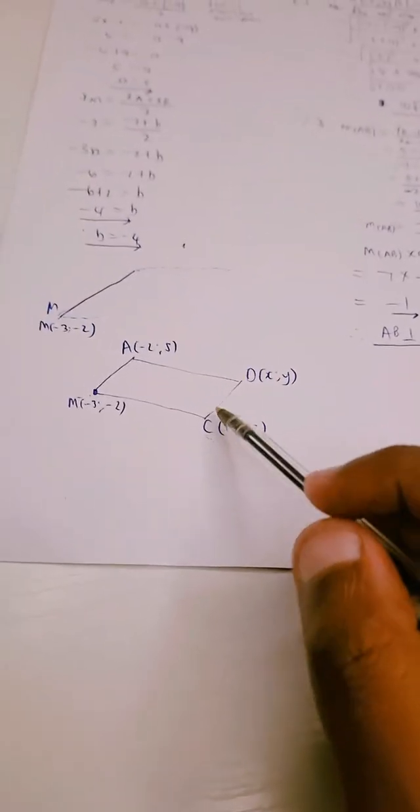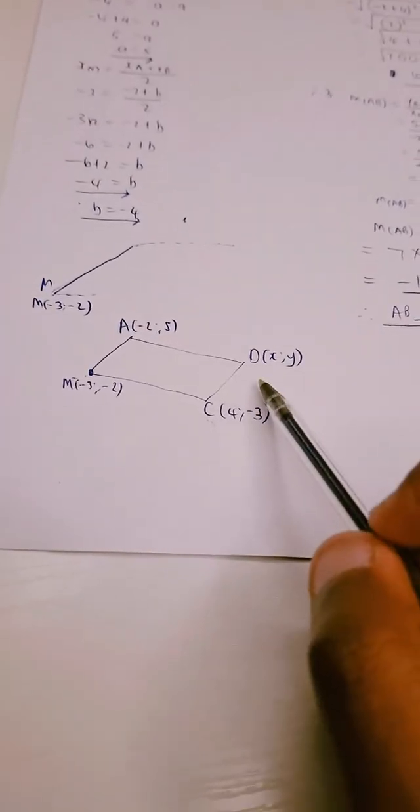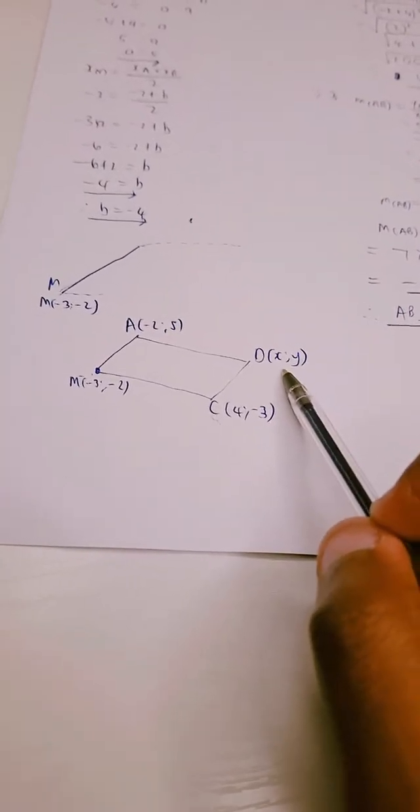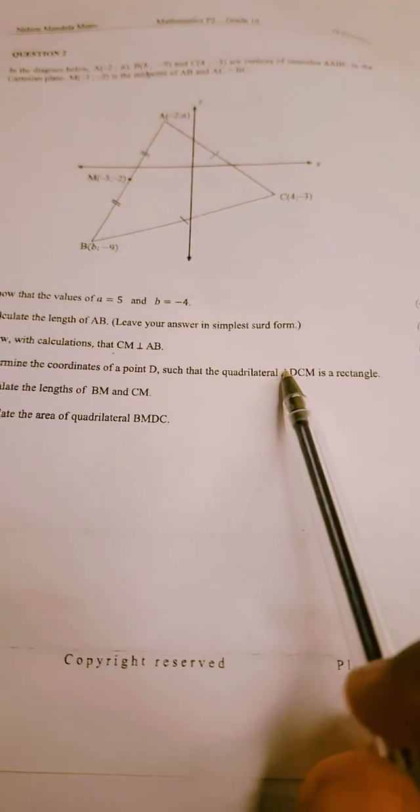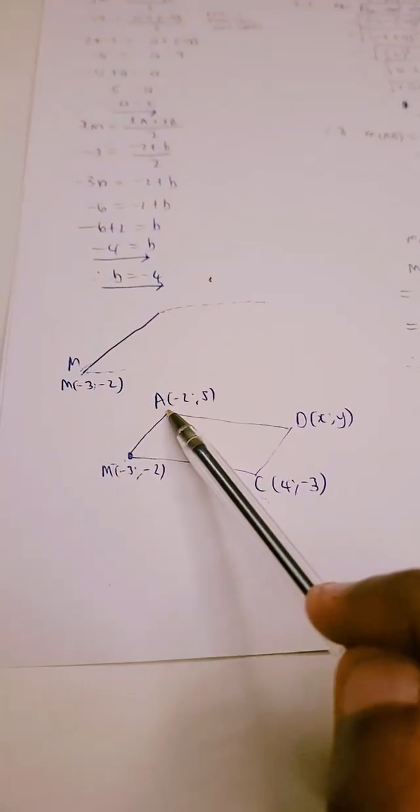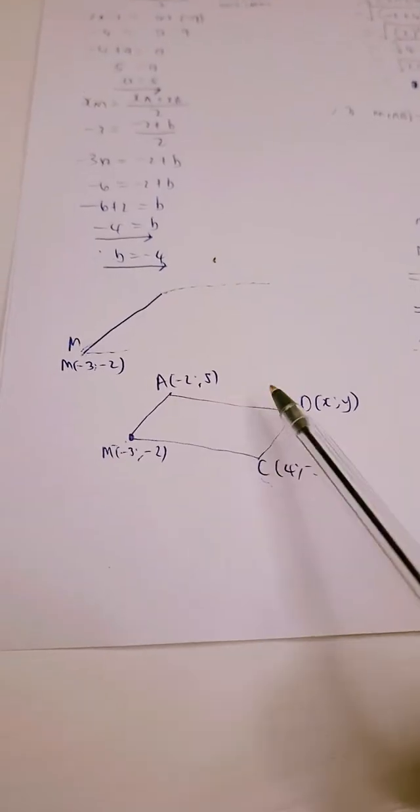This is obviously a rough sketch so that we can at least get an idea of what we are talking about insofar as the quadrilateral is concerned, because they're saying determine the coordinates of a point D such that the quadrilateral ADCM is a rectangle. So the letter order is of importance because it leads us to roughly where we can anticipate this point to be.